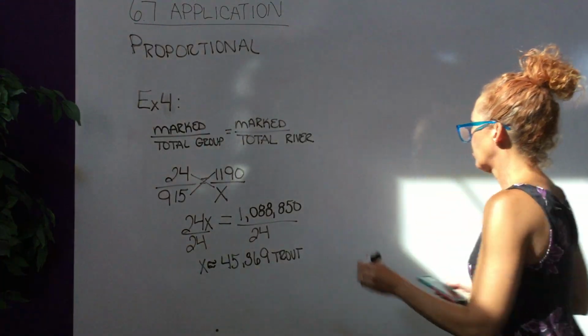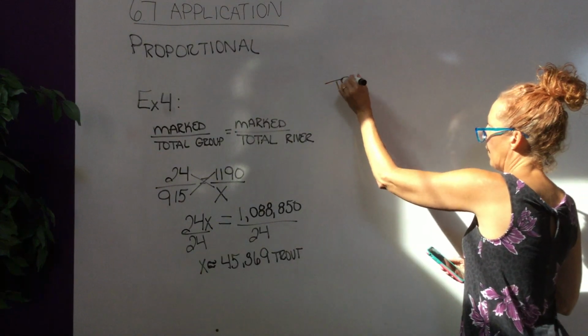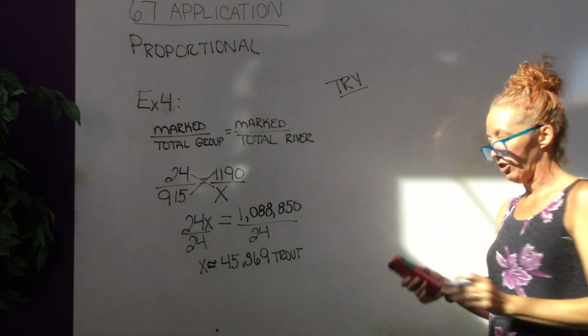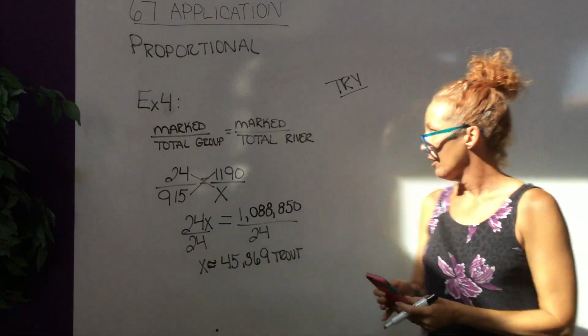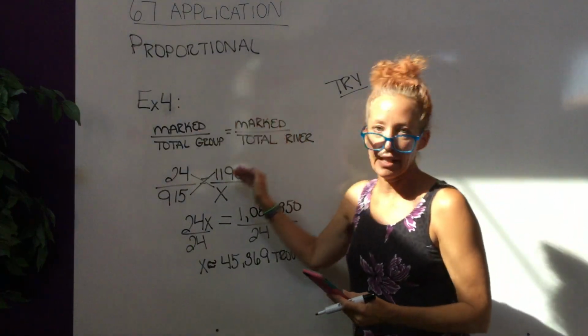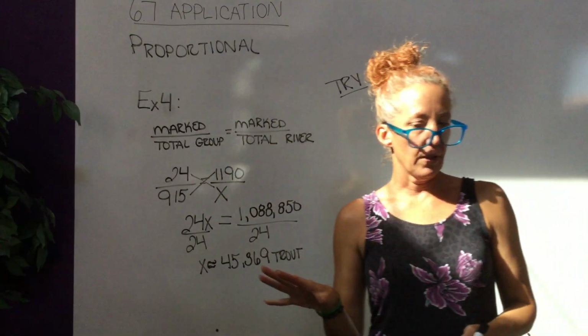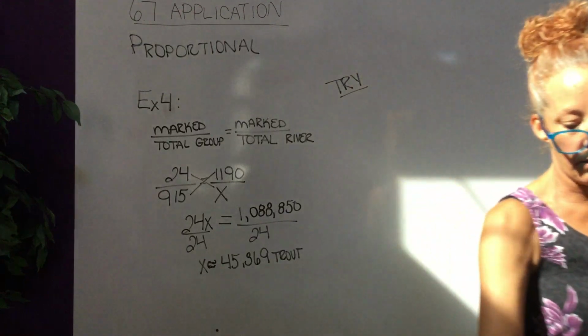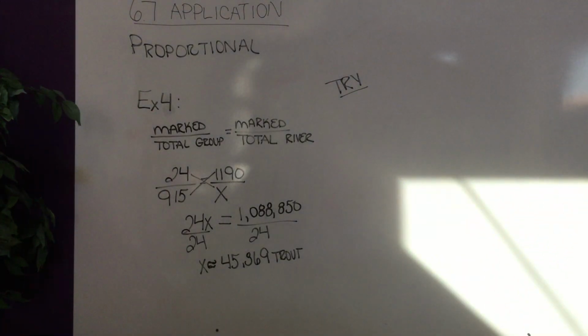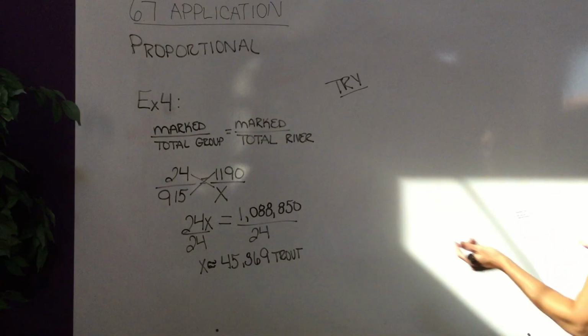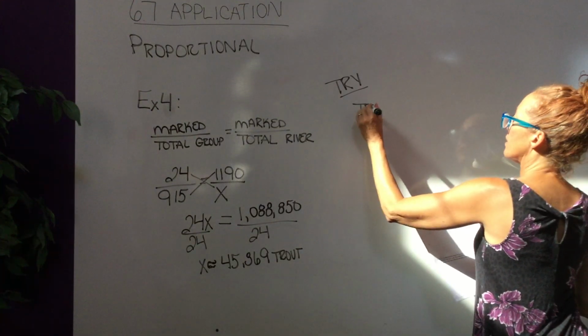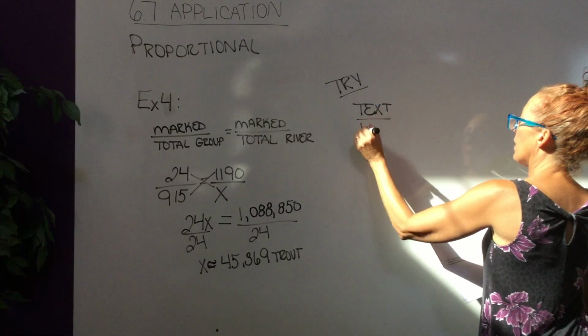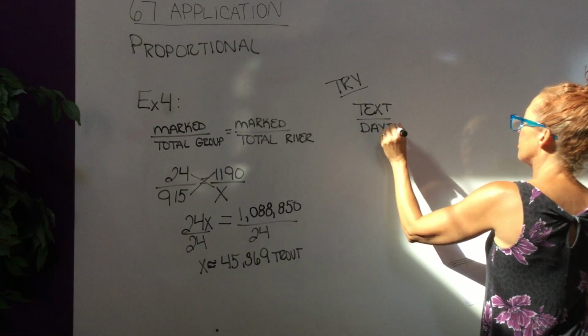Okay, you guys try example 5 with the text messages and the number of days. Just make sure you stay consistent. It doesn't matter which piece you put on top as long as you do it the same on both sides. So I'm gonna do this one with text messages on the top and days on the bottom.